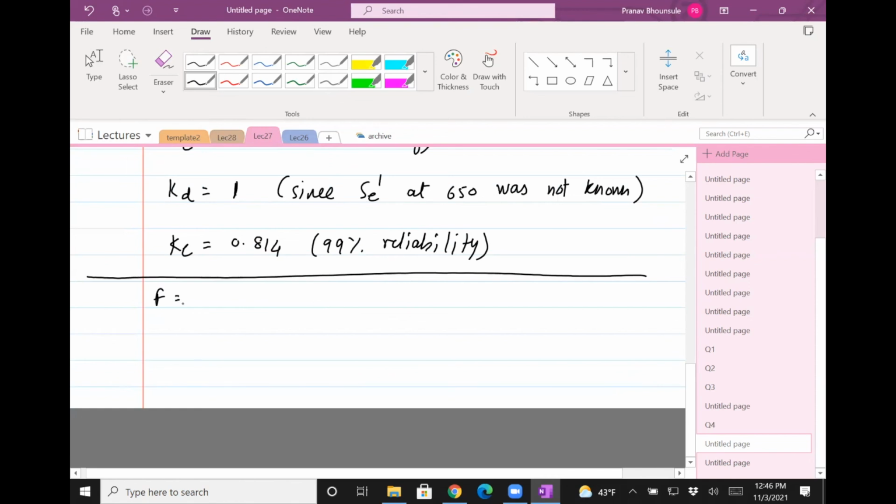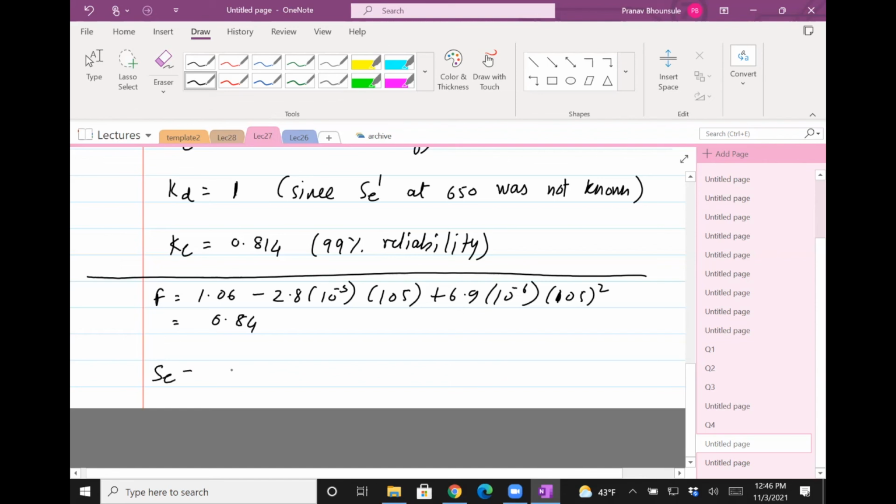F is 1.06 minus 2.8 times 10 to the power of -3 times the strength at 650, so it's 105, plus 6.9 times 10 to the power of -6 times 105 squared, and that comes out to be 0.84.